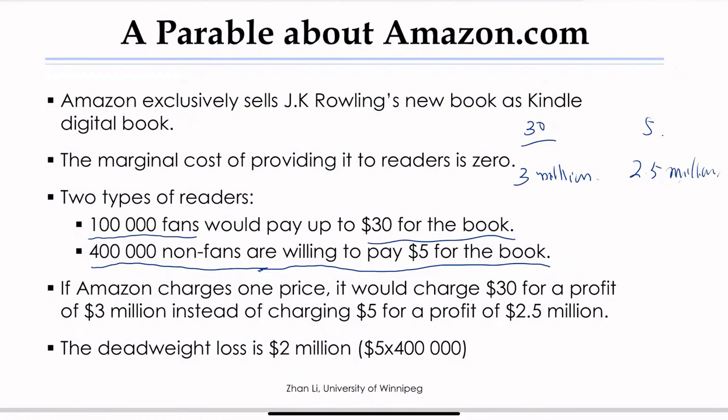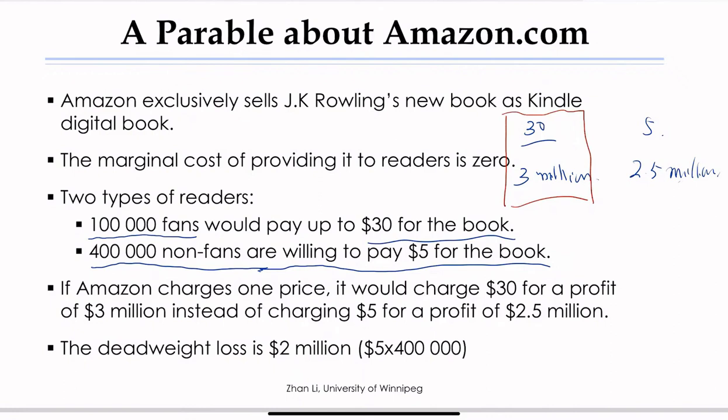Because if you set a price between 5 and 30, then you will still only be able to sell 100,000 books, and in this case your profit is smaller than $3 million. So your only choices are selling at 30 or 5. But obviously, you will just want to sell at 30, this very high price, right? Because you have higher profit.